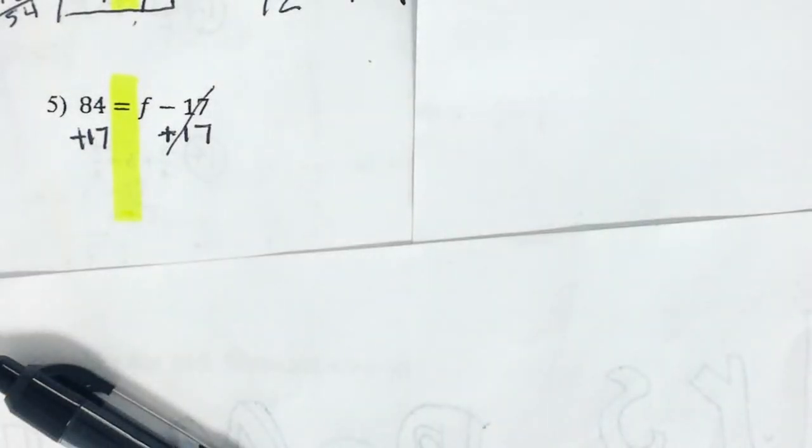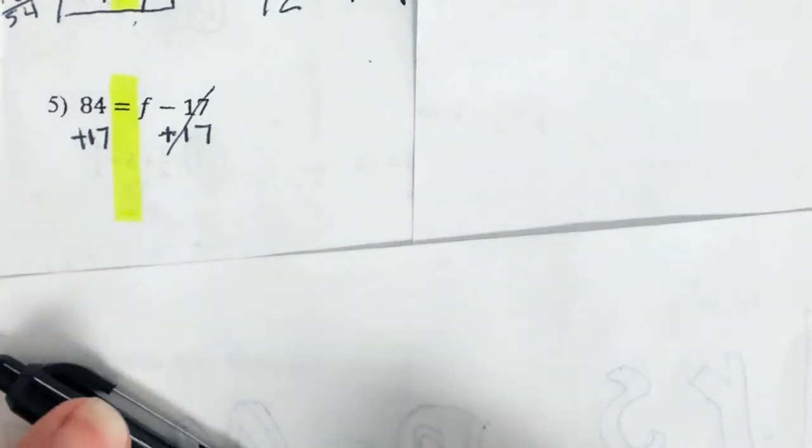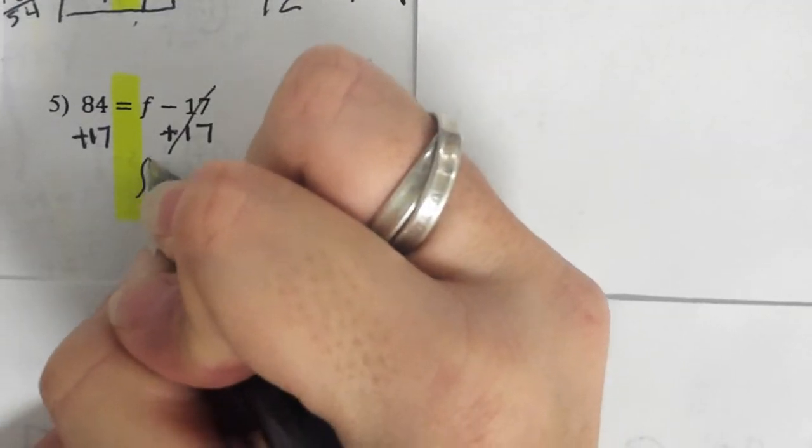If I'm way down here at negative 17 and I go 17 spots that way, I add 17. I'm back down here at 0. Does that make sense? Kind of? Okay. So those 17s, the two that match, get to go away, leaving me with only an F on that side of the equal sign.